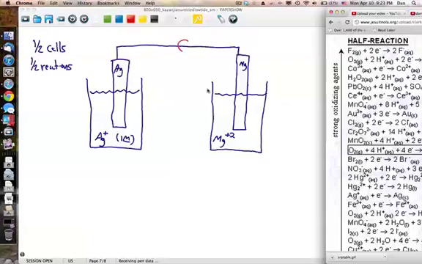You could put a voltmeter on here and measure the potential between those two materials.